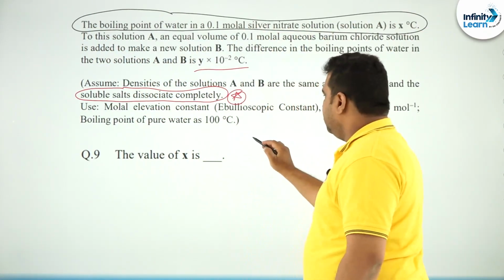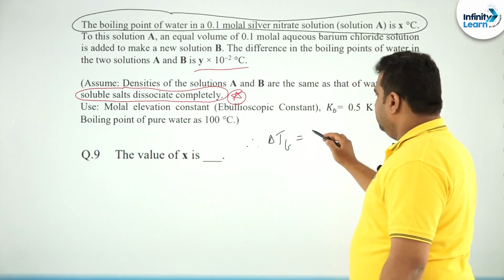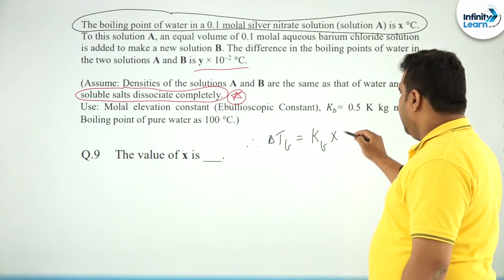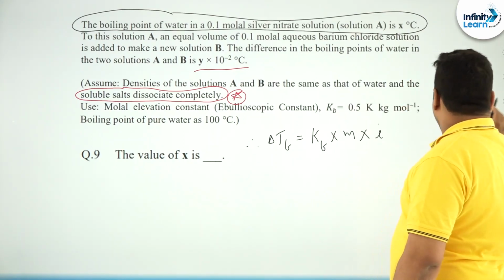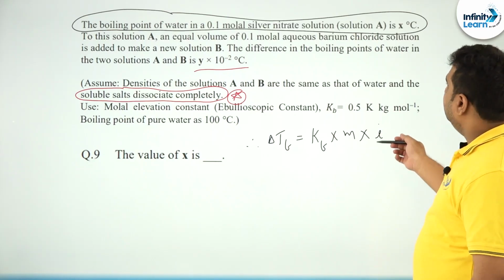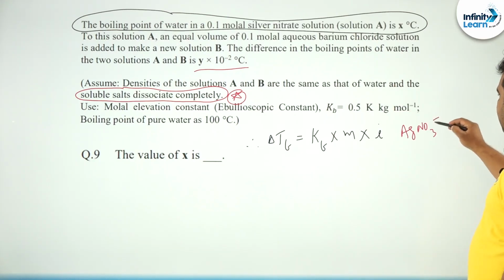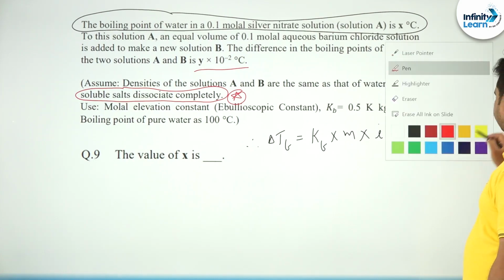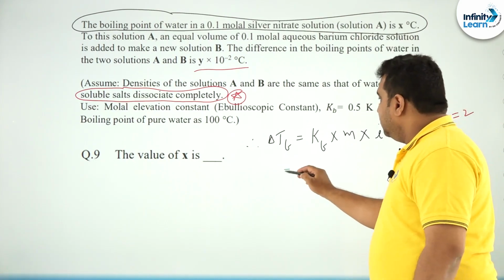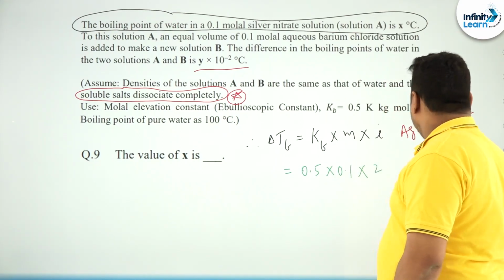So, delta Tb is equal to Kb into m into i. What is i? Van't Hoff factor. What is the Van't Hoff factor for silver nitrate? For silver nitrate, i is equal to 2. So therefore, 0.5 into 0.1 into 2.